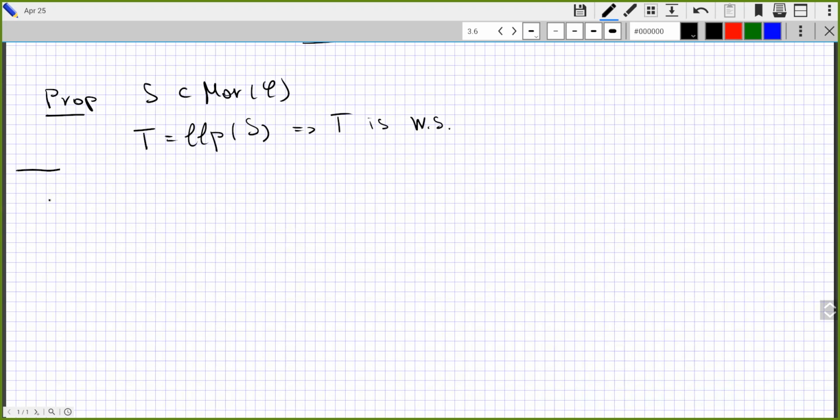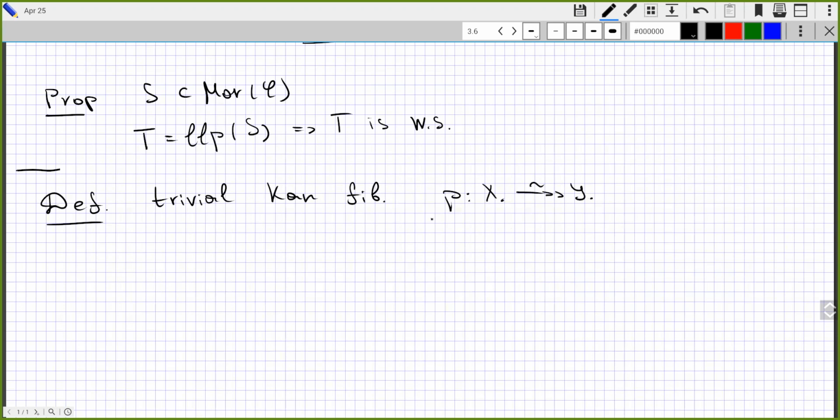Now let's move to the simplicial world and apply this machinery. So, definition of trivial configuration, which we will denote like this. Is the following diagram holding condition.